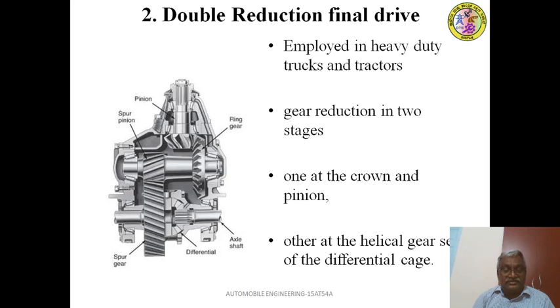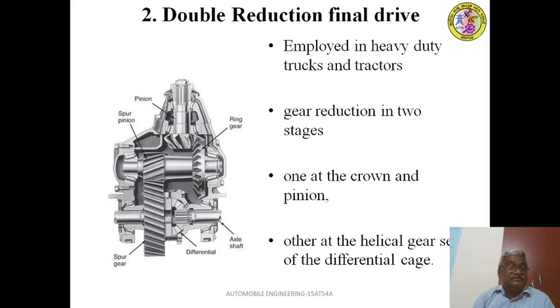Of course it is possible, but at that time we have to use a larger ring gear. Larger ring gear means the diameter of the ring gear or crown wheel is very large. So due to that, what happens? The ground clearance of the tractor will be decreased.